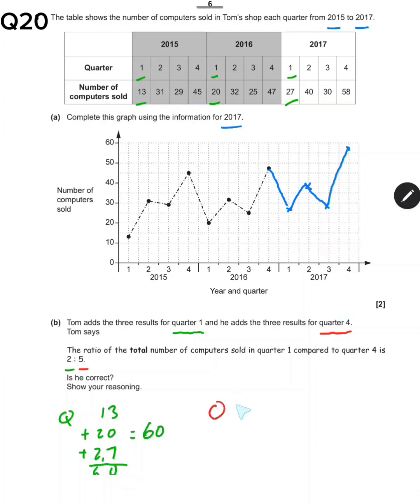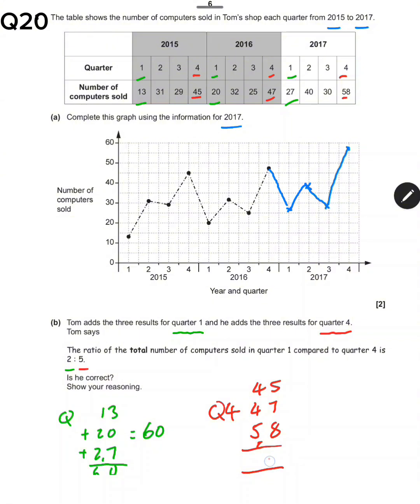Q4, we've got 45, 47 and 58. So let's add those together. Five add 7 is 12.